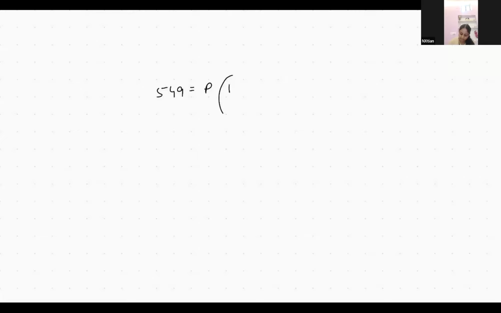Then R is my 500. Which question is this? This is the last question from the test that I just sent. The last question. Yes, ma'am, the last.